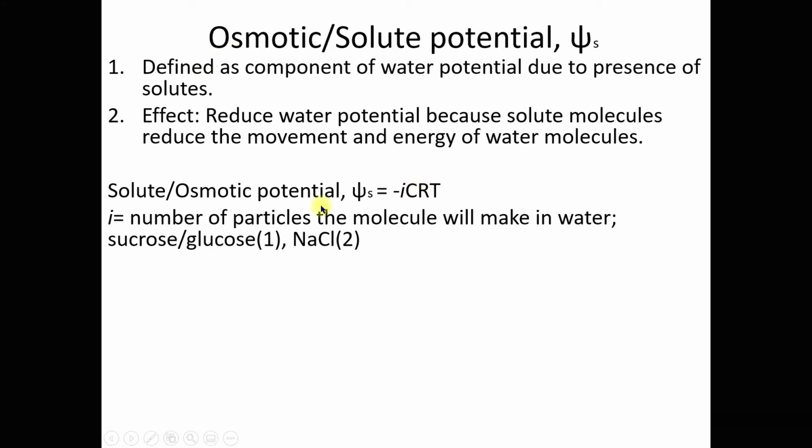So i is the number of particles the molecule will make in water. Usually for sucrose or glucose the value of i is 1, while for sodium chloride or salts the value of i is 2, unless stated in the question.